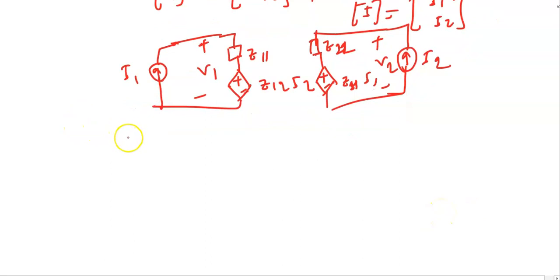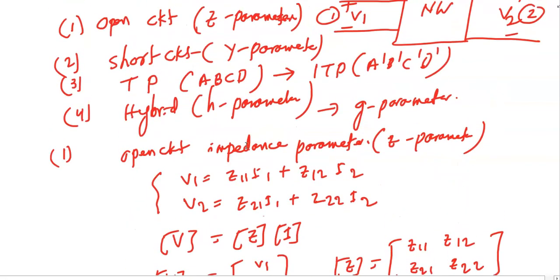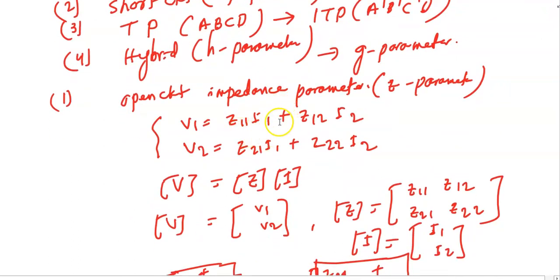So your Z11 is defined as V1 upon I1 when the output or port 2 is open. This is no rocket science. You just see the equation here. When I make I2 zero, how can you make the current I2 equal to 0? Simply by making port 2 open.